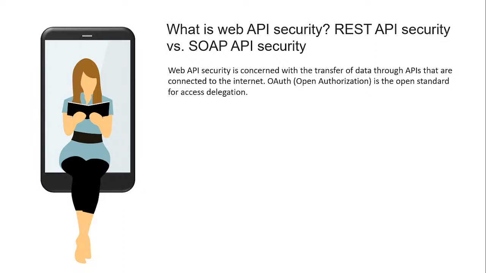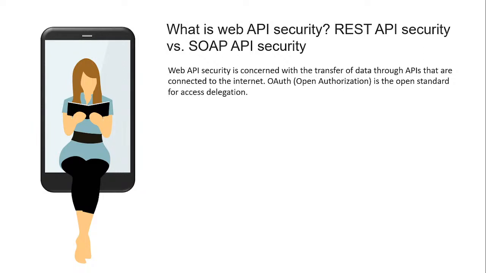SOAP API support standards set by the two major international standard bodies, that is the Organization for Advancement of Structured Information Standard, which is OASIS, and another organization is World Wide Web Consortium, which is W3C. They use a combination of XML encryption, XML signature, and SAML tokens to verify authentication and authorization.